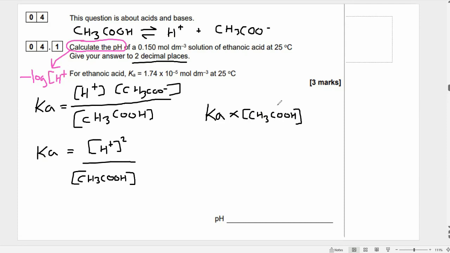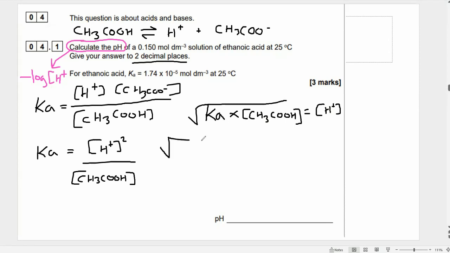Well, I'm going to need to square root all of this, because if I square root it, I get rid of the square on the hydrogen ions. So there you go. That's my rearranged equation. Square root of the Ka multiplied by the ethanoic acid concentration gives me my hydrogen ion concentration. Let's go ahead and plug those numbers in.